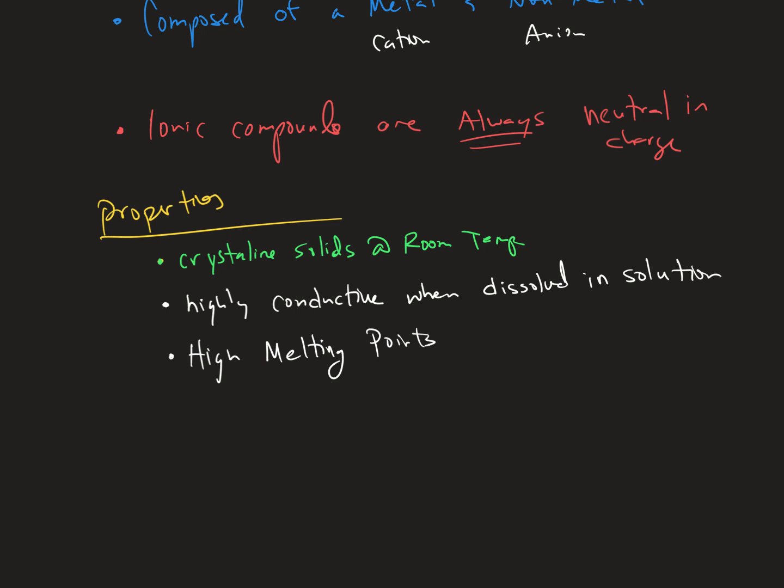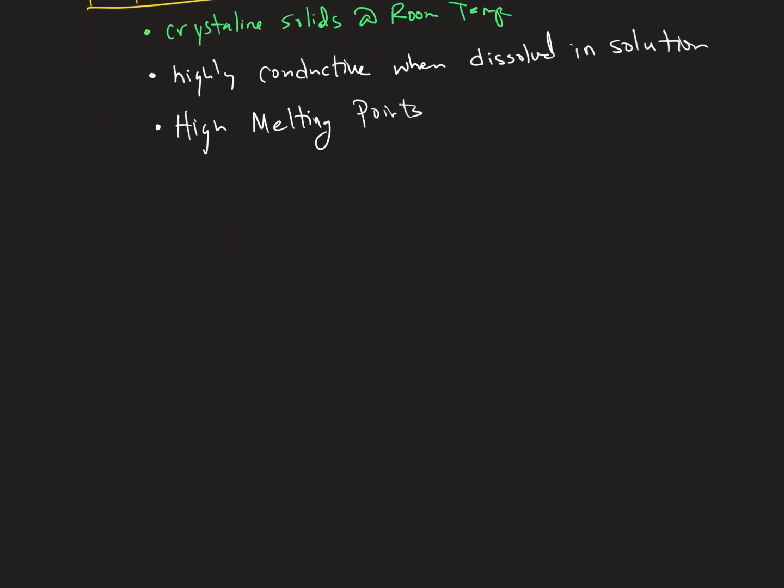All right, so let's talk about how we write the chemical formula. So I'm going to start real simple. And you will have to know this for the exam. Writing chemical formulas for ionic compounds.